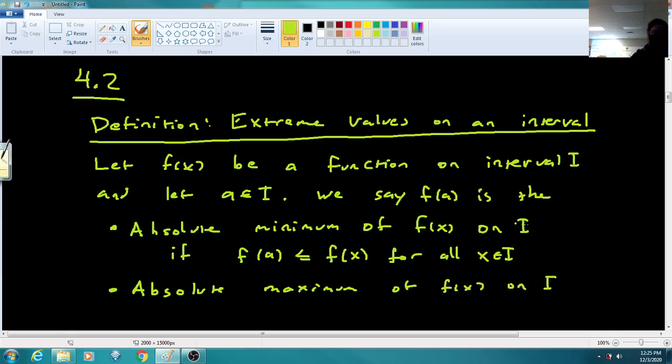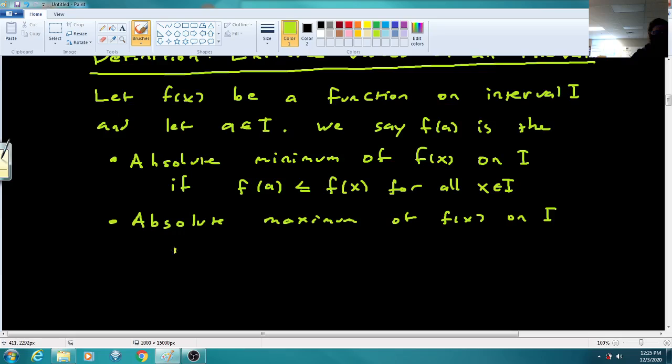So this time, if f of a is greater than or equal to all the other y values that come from the interval, then that f of a would be an absolute maximum of the function.